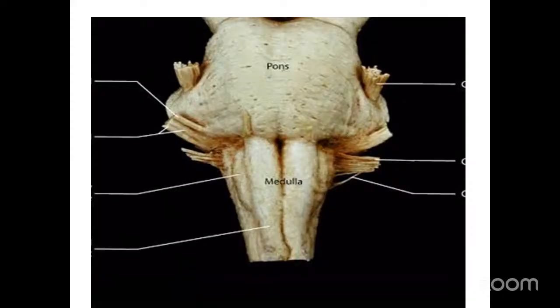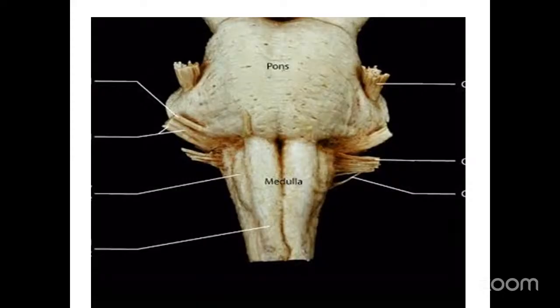Lateral to this, just lateral and posterior to the olive, there is the inferior cerebellar peduncle. Between this olive and the inferior cerebellar peduncle come the three remaining nerves, because the medulla oblongata gives origin to the four lower cranial nerves: the ninth glossopharyngeal, the vagus, and the cranial part of the accessory nerve.